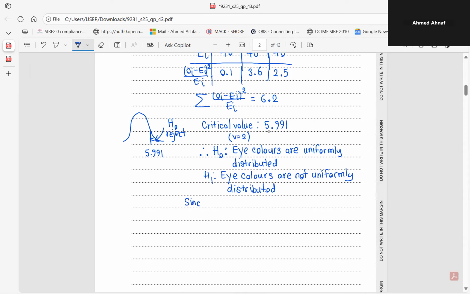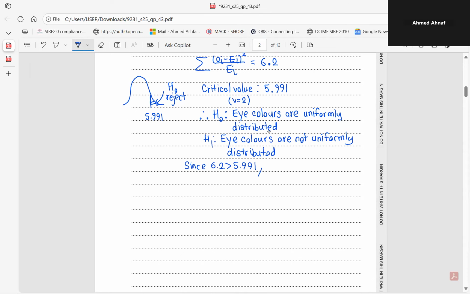Since our test statistic 6.2 is bigger than 5.991, we are supposed to reject H naught. That means there is a chance that the alternative hypothesis H1 is correct.